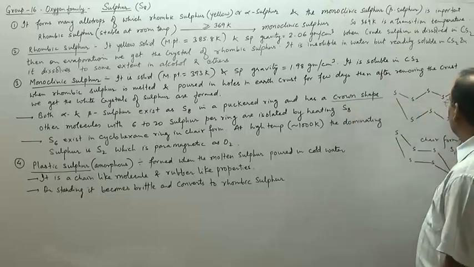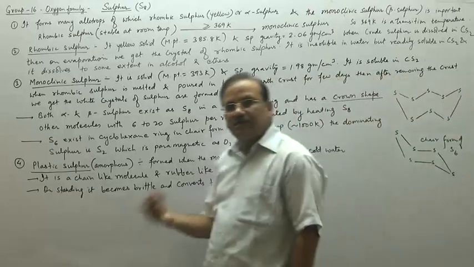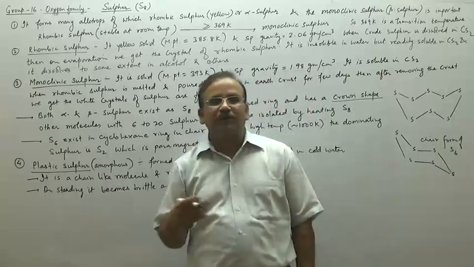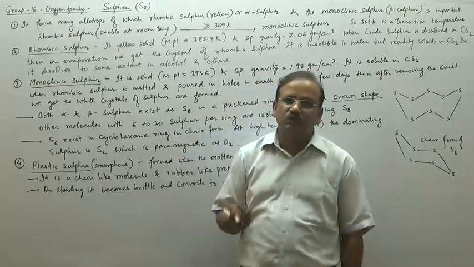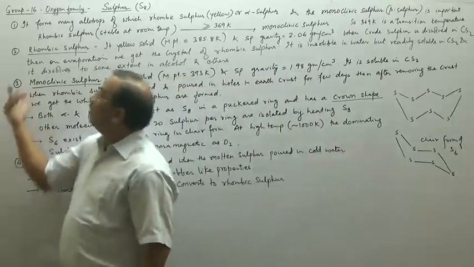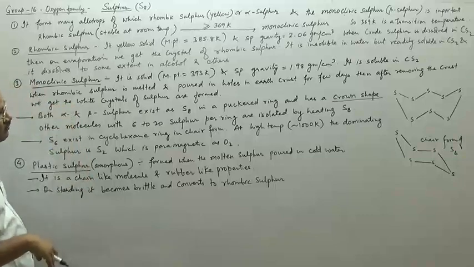This is a crown shape of sulfur, and other rings also form depending on the temperature and the conditions used for heating the sulfur.